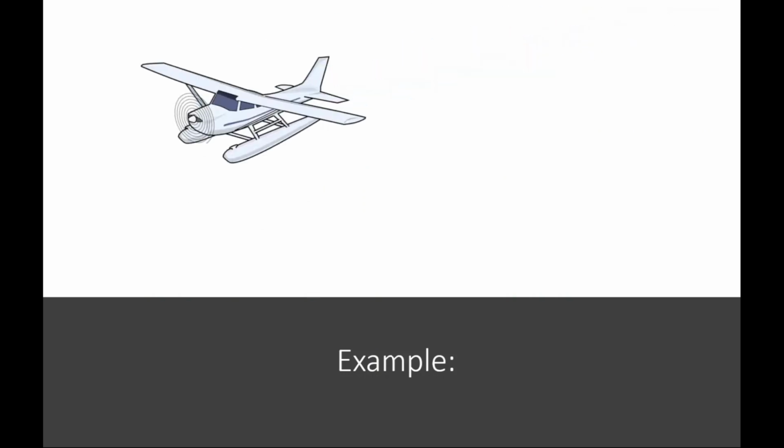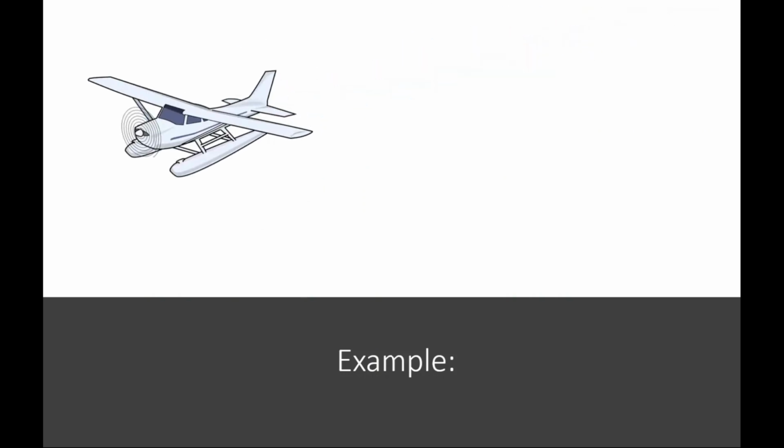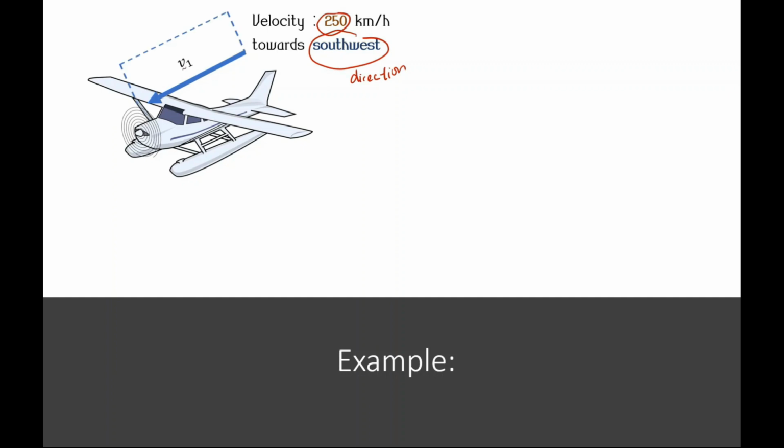Example. Let's say we have one aeroplane, aeroplane 1, whose velocity is 250 km per hour towards southwest. So southwest is our direction, and the speed is our magnitude.